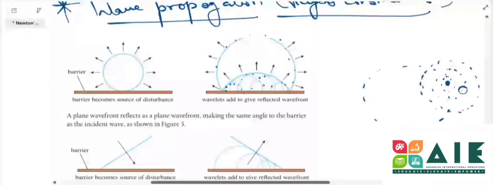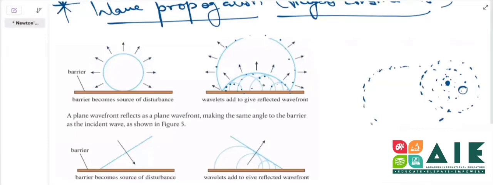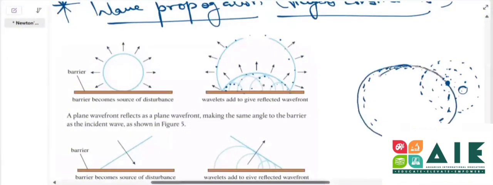So the wavefront is made up of the sum of these wavelets. If I take this one pattern, all these things are wavelets. And the thorough condition which has been formed is known as wavefront.